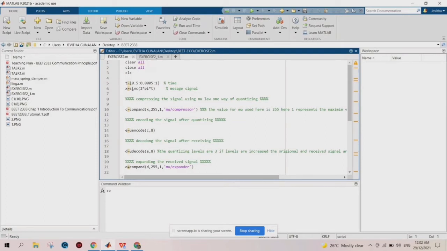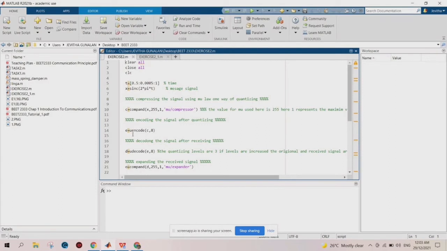Here I put t equals -0.5:0.0005:1, this is for time, and x equals sinc(2*pi*t) for the message signal, and c for compand(x,255,1,'mu'), the mu-law compressor.